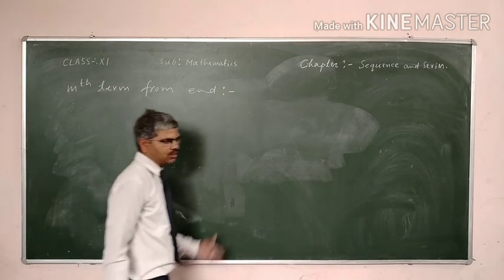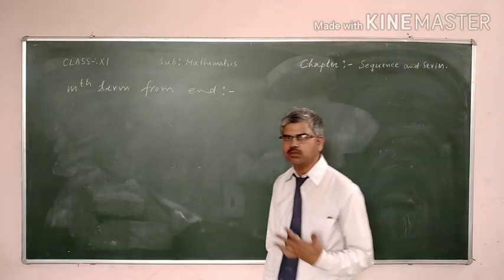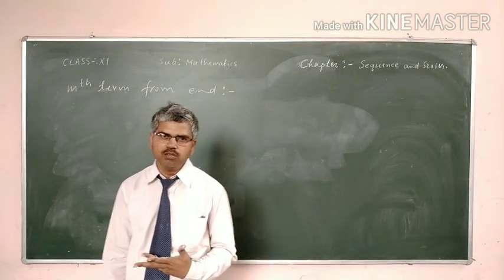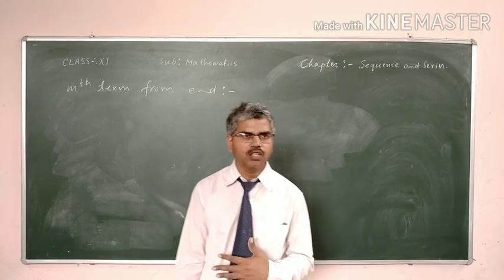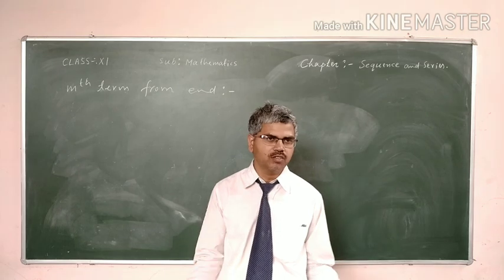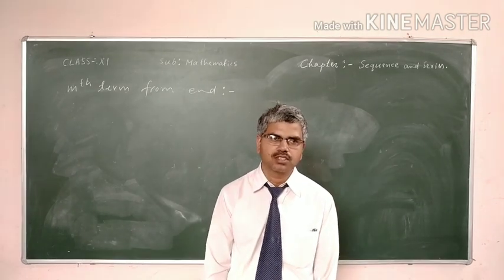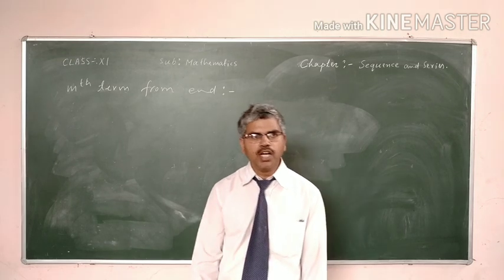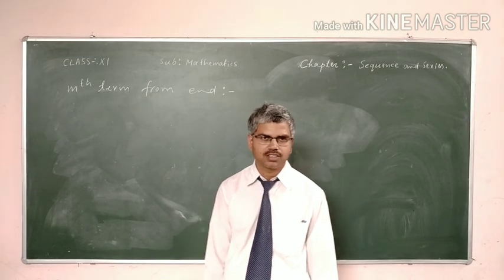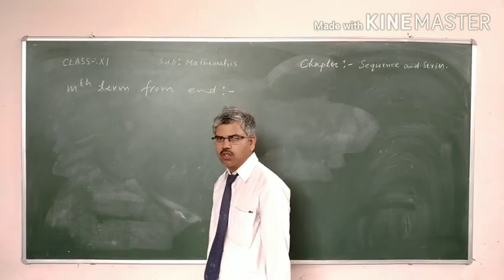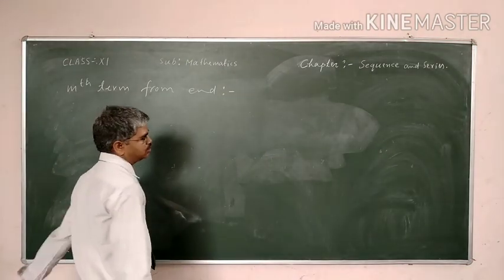Dear students, from the start we calculate the first term, third term, fourth term, eighth term, ninth term by substituting values in the formula An is equal to A plus n minus 1 into D. It is a very easy task. But there is one difficult task. If we give the general formula directly, you will not understand. So first we derive the mth term from the end.